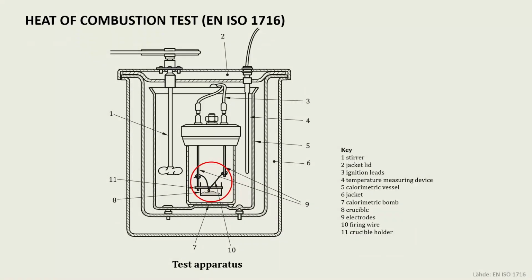Here is an example of the test apparatus where you can see the crucible, item number 8, which is a container in which metals or other substances may be melted or subjected to very high temperatures.